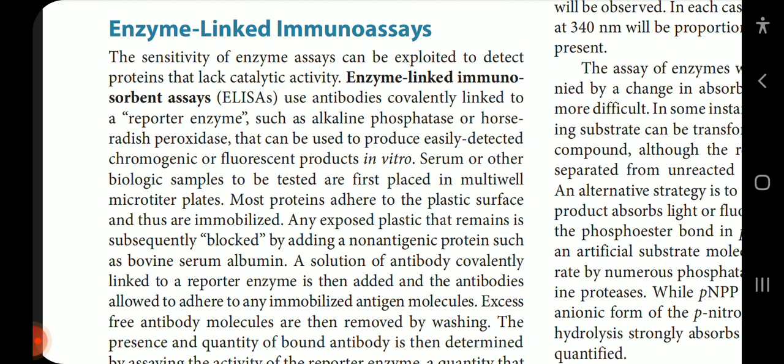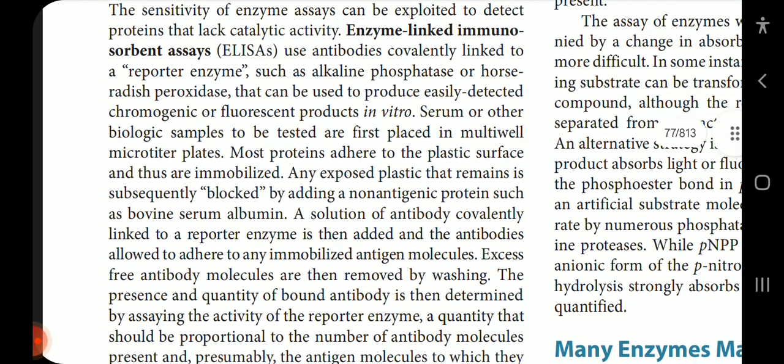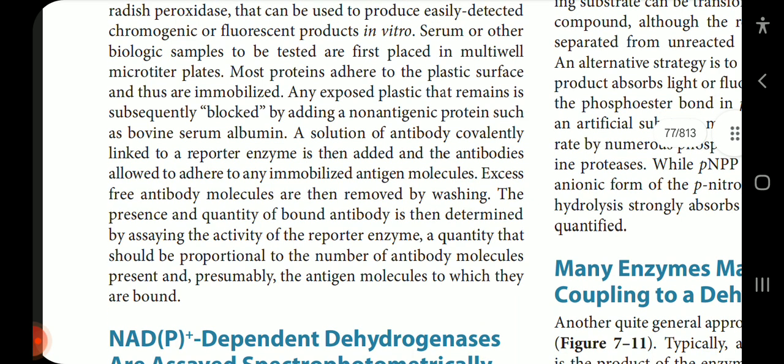Any exposed plastic that remains is subsequently blocked by adding a non-antigenic protein such as bovine serum albumin. A solution of antibody covalently linked to a reporter enzyme is then added and the antibody is allowed to adhere to any immobilized antigen molecules. Excess free antibody molecules are then removed by washing. The presence and quantity of bound antibody is then determined by assaying the activity of the reporter enzyme, a quantity that should be proportional to the number of antibody molecules present and presumably the antigen molecules to which they are bound.